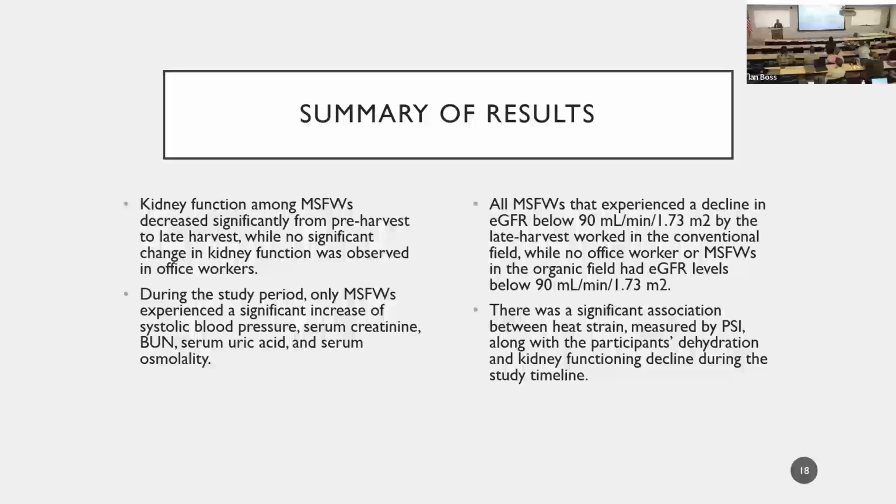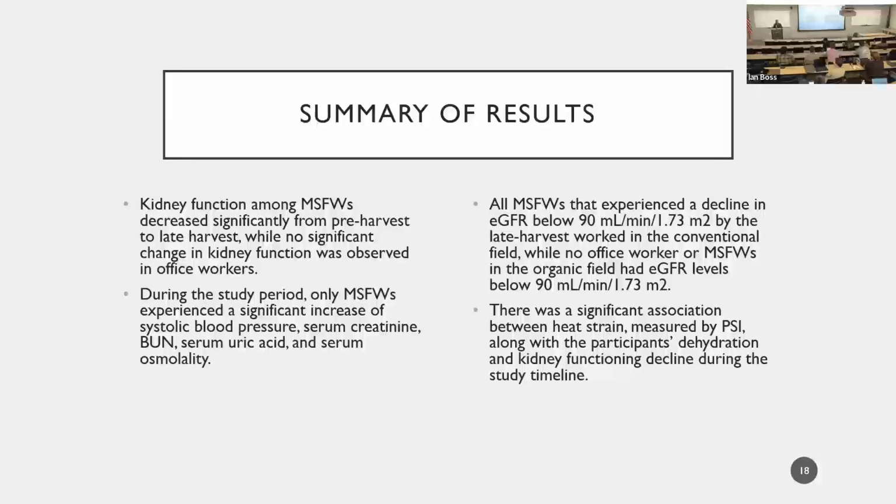So just to summarize, they did see a significant decrease in kidney function, using the eGFR, among the field workers from pre-harvest to late harvest, and no significant change in the office workers. They also saw, apparently corresponding to that, increases in both systolic blood pressure as well as some of the biomarkers that indicate kidney stress.